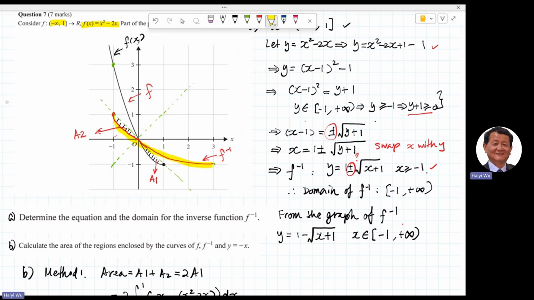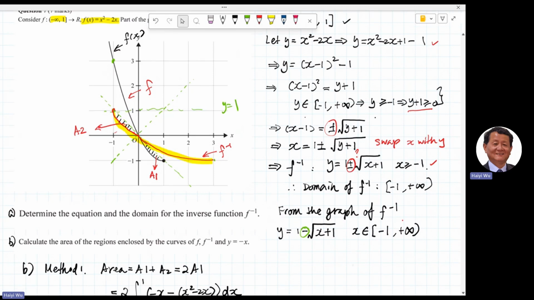You can see that the inverse function is below y equals 1. So y has to be less than 1. Therefore, we cannot choose the plus. The plus is not applied. So we need to choose the minus, because we decided it's a function, not a relation.